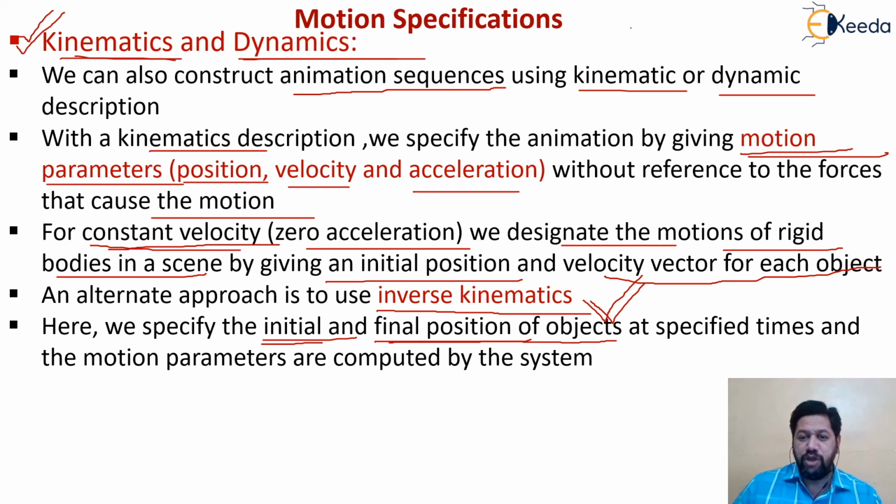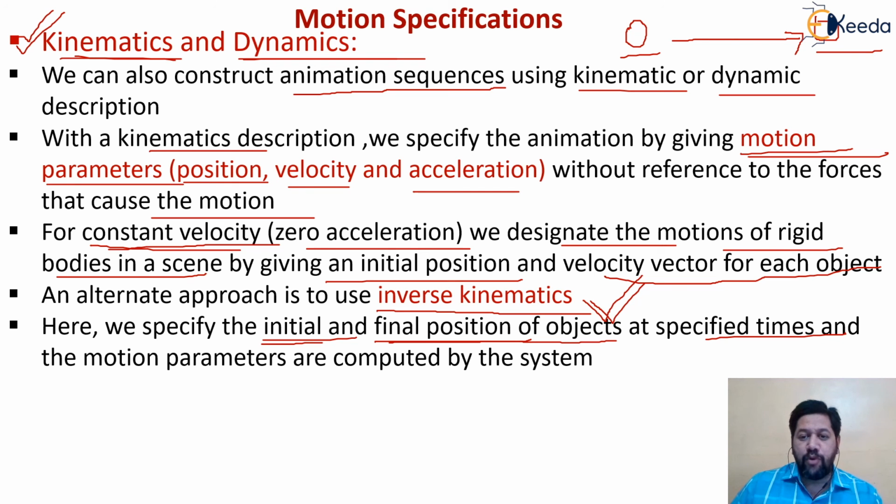As you have just seen, this is the original position of the object and this is the end position of the object, at specified times. I want to show that this object is moving from this position to this position, and the action is that the object is running.